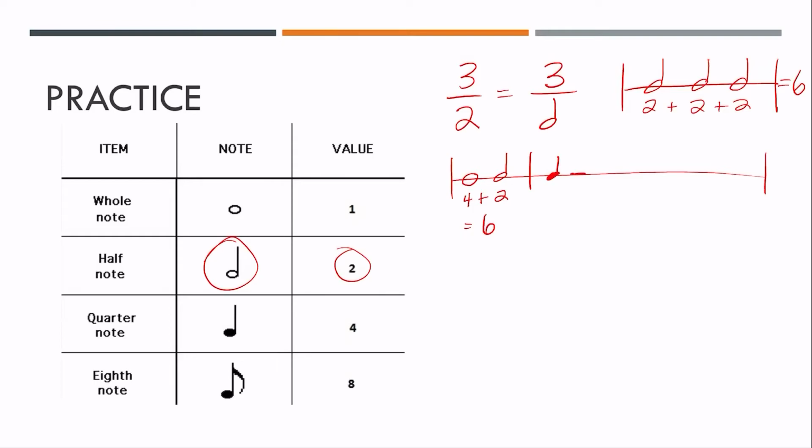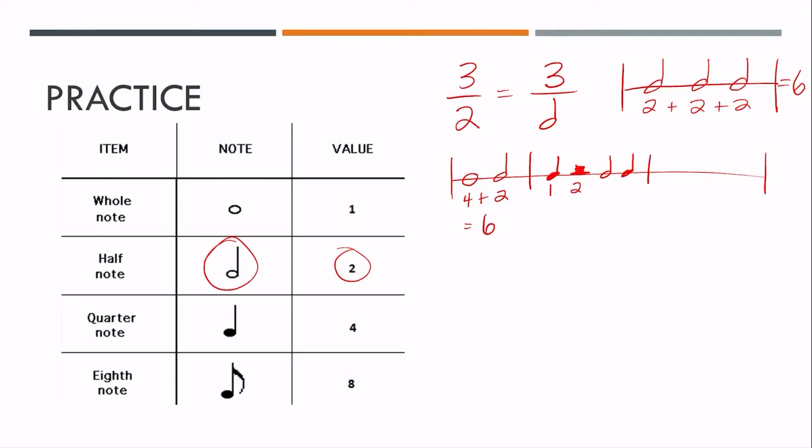Now, what if I had a quarter note and a half rest and a half note and another quarter note? Let's do the math there. How many beats is a quarter note? 1. How many beats is a half rest? Remember, a half rest looks like a hat. So we have 2.